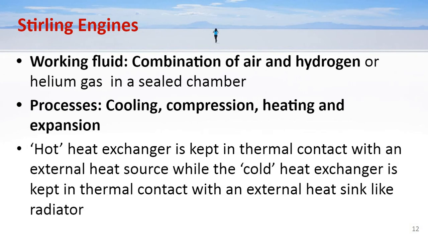The working fluid is normally a combination of air and hydrogen or helium gas in a sealed chamber. The different processes are cooling, compression, heating, and expansion. The hot heat exchanger is kept in thermal contact with an external heat source, while the cold heat exchanger is kept in thermal contact with an external heat sink like a radiator.